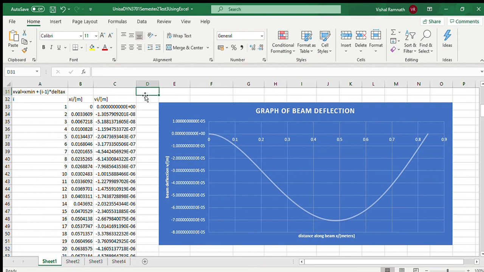So this is something you can investigate in your own time, and I would advise that you seriously consider how to use Microsoft Excel spreadsheets to do the calculations, because it will make your life very simple and very easy, and it will also help you with your laboratory practicals at the end of the day.